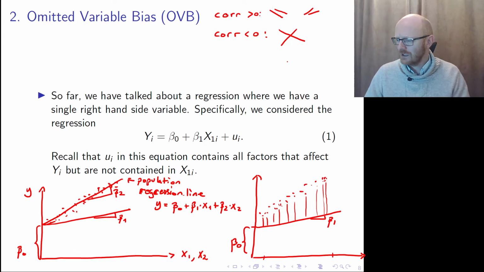Okay, so with that in mind, we can continue, and you can see that the correlation between the residuals and the x variable here, the x1, can be positive or negative depending on the effect the other variable has on the y variable, and on x1.